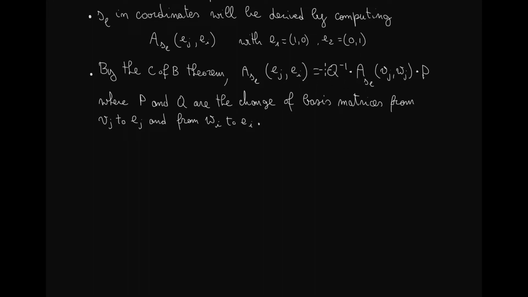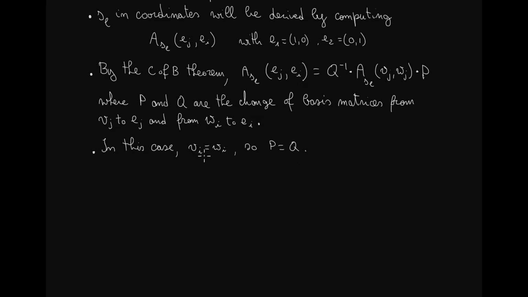By means of this formula, we have to multiply on the right by a matrix P and on the left by Q inverse, where P and Q are the change of bases matrices from Vj to Ej and from Wi to Ei. The old basis to the canonical basis.